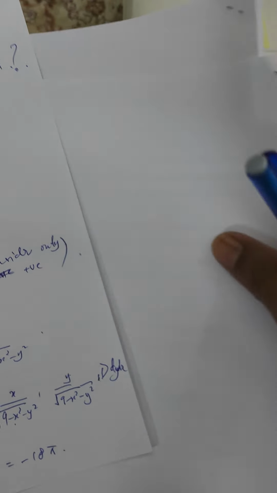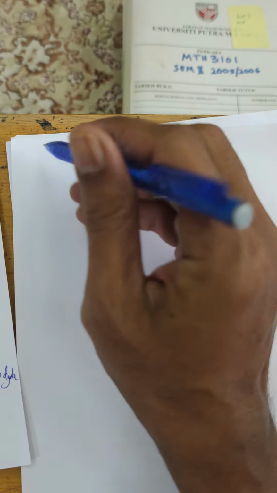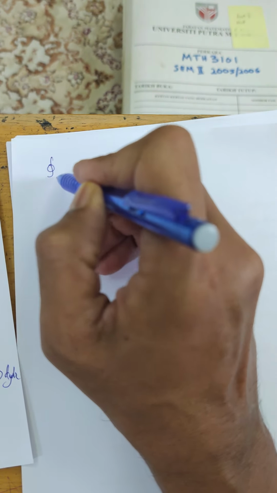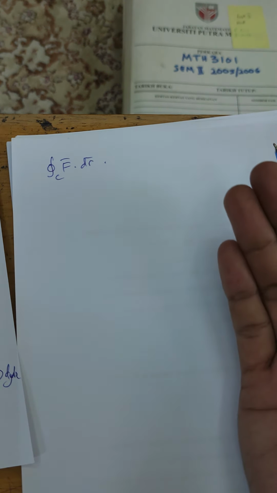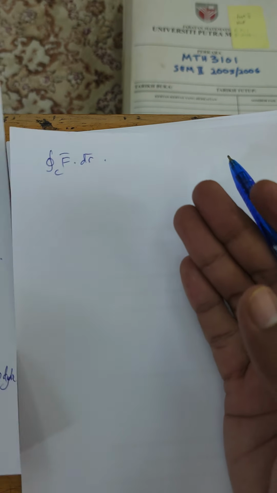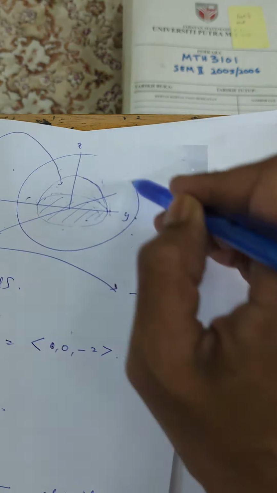If you want to solve the same problem using a line integral, we integrate over C of F dot dr, and we need to find the arc from this circle, from this diagram here.